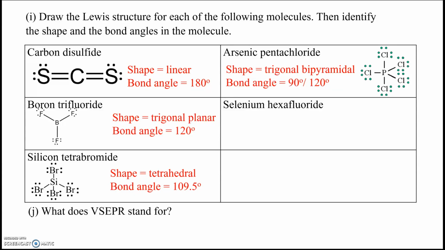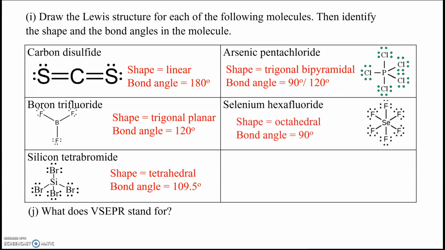The bond angles are 90 degrees and 120 degrees for the same reasons we talked about a moment ago. And then selenium hexafluoride would look like this. This looks very familiar from when we did sulfur hexafluoride. And so the shape will have the same configuration, which is octahedral. The bond angle will be 90 degrees.